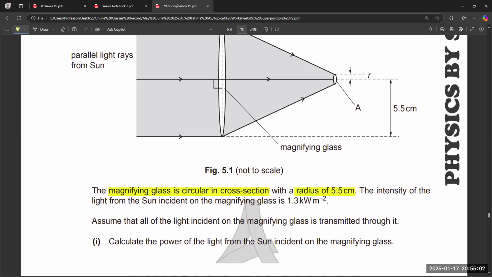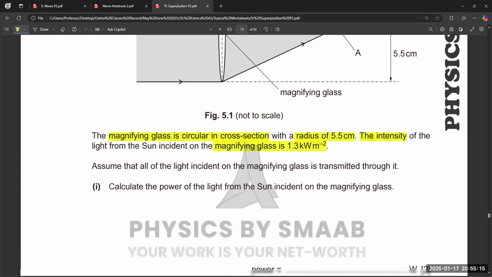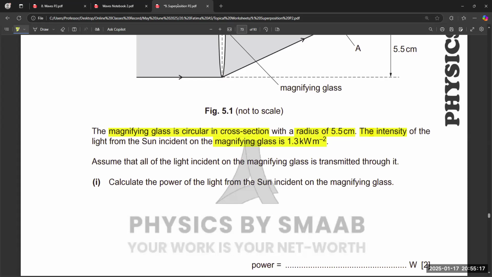The intensity of the light from the sun incident on the magnifying glass is 1.3 kilowatt per meter square. So the intensity in the question is given. Assume that all of the light incident on the magnifying glass is transmitted through it. Calculate the power of the light from the sun incident on the magnifying glass.